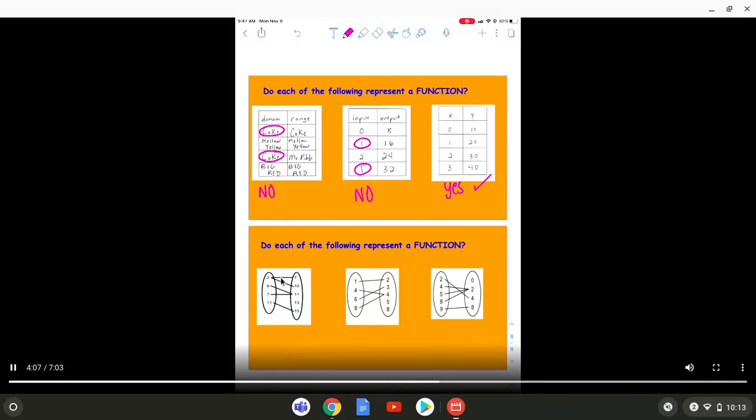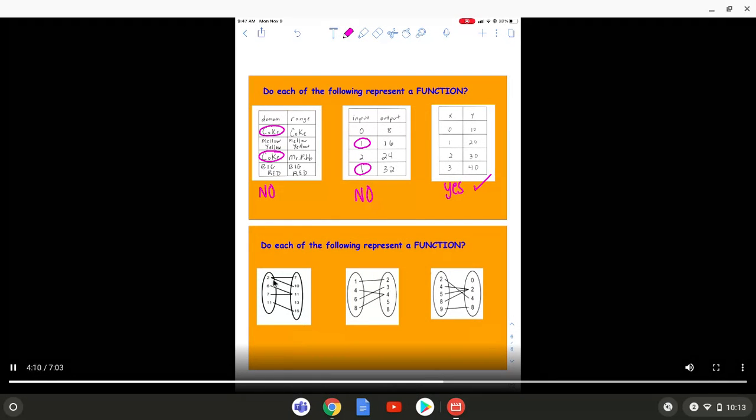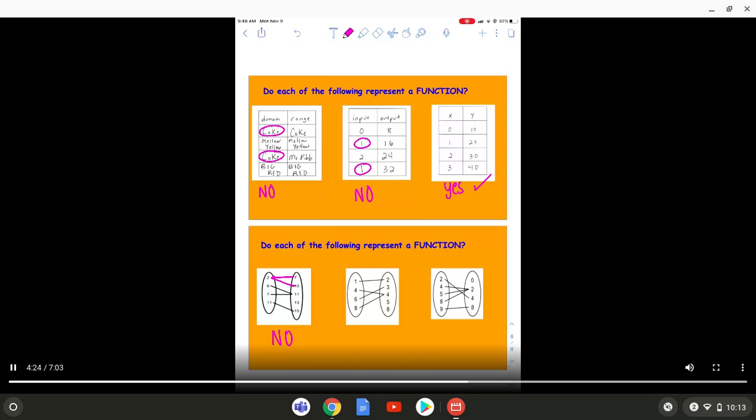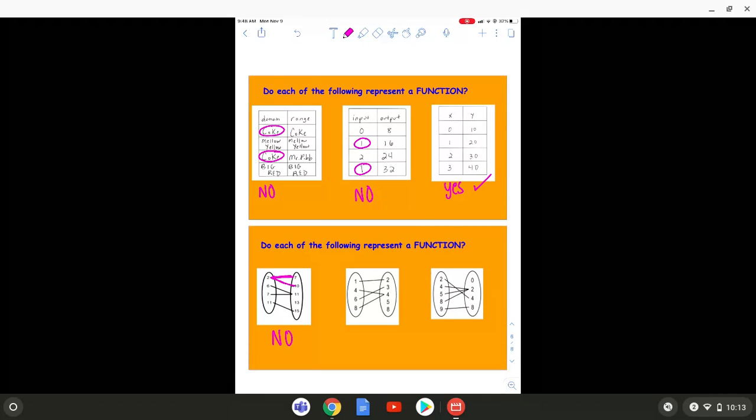Looking down here right off the bat, I see I have 2 and I have an output of 7 or 10. So I already know that is not a function. That is not a function because 2 here has 2 different outputs. And that cannot happen. Each input should only have one output.